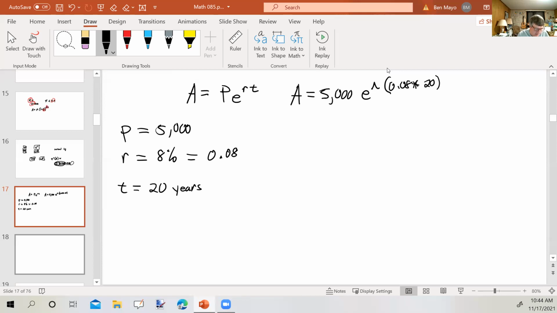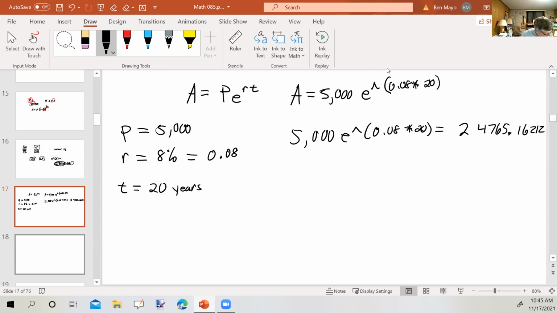So 5,000, and then to get e, I'm going to go second, ln, so I've got this 5,000 e to the parentheses, I'll put 0.08 times 20, close it up, and push equals, and I get 24765.16212.